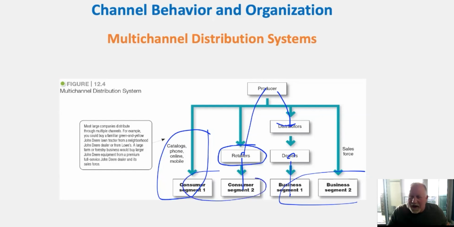So on the business side, Apple may make Apple technology products that are sold to big businesses and different businesses, and they're sold through distributors and dealers, or they could actually sell their products directly to businesses. They can sell servers, larger computer products. They may actually sell it right to a business segment, directly to another company.